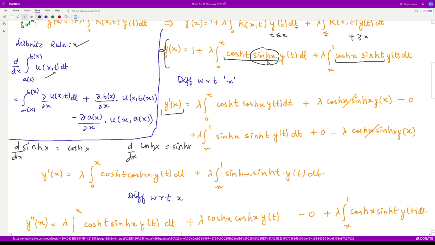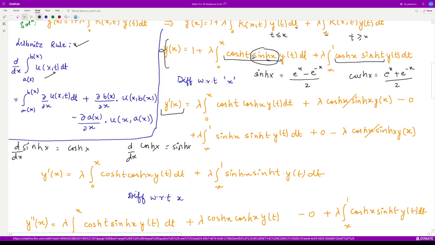And you all must know the definitions for these terms. Sine hyperbolic x is equal to e to the power x minus e to the power minus x divided by 2. And cos hyperbolic x is equal to e to the power x plus e to the power minus x divided by 2. These are the definitions of sine hyperbolic and cos hyperbolic functions.